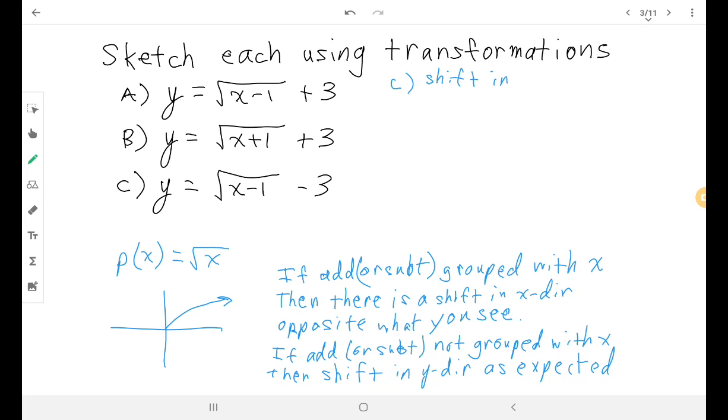There is a shift in the x direction, opposite of what I see grouped with x, so that's a shift in the x direction of +1, and then a shift in the y direction, not grouped with x, as I see it, so a shift in the y direction of -3, and so I need +1 in the x direction and -3 in the y direction, which means it starts there and looks like the parent function. So I'll give you a moment to look at that.